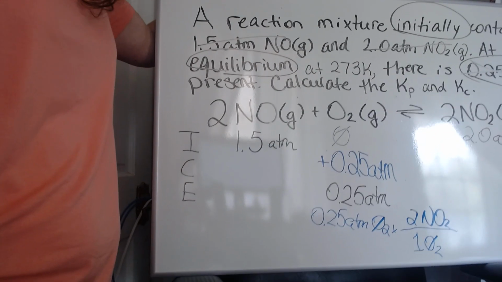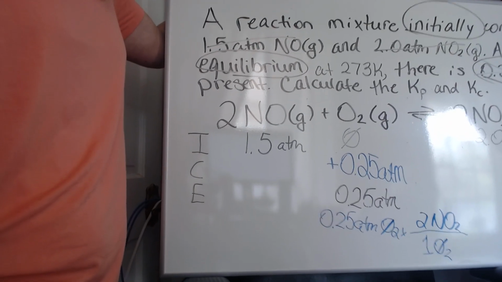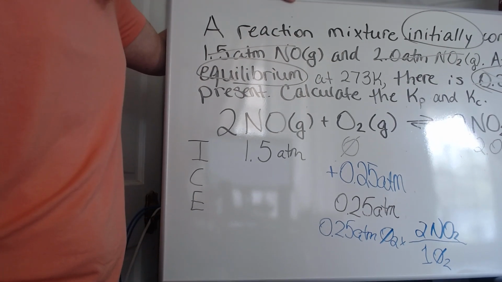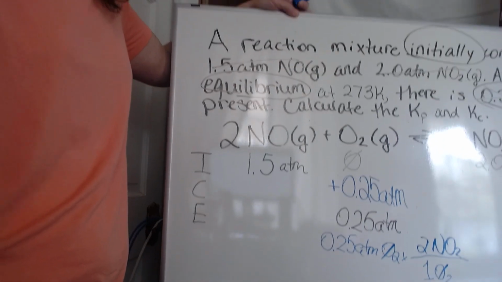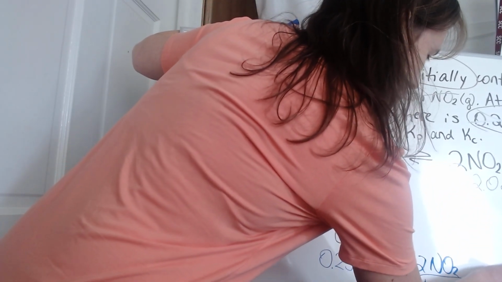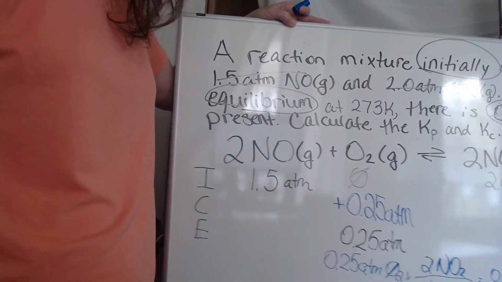So for every 2 NO2s, there is 1 O2 that is created. And so 0.25 times 2 would be 0.50 atmospheres of NO2.